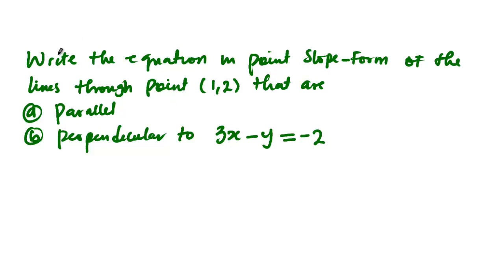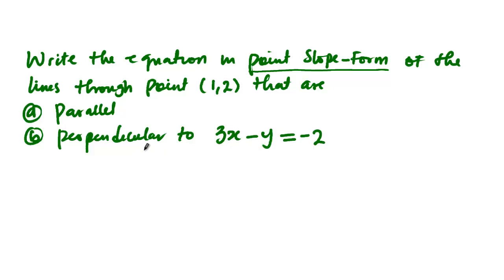This example says: write the equation in point slope form, keyword, point slope form, of lines through point (1, 2) that are (a) parallel and (b) perpendicular to 3x minus y equals minus 2. Now, we are required to write it in point slope form.